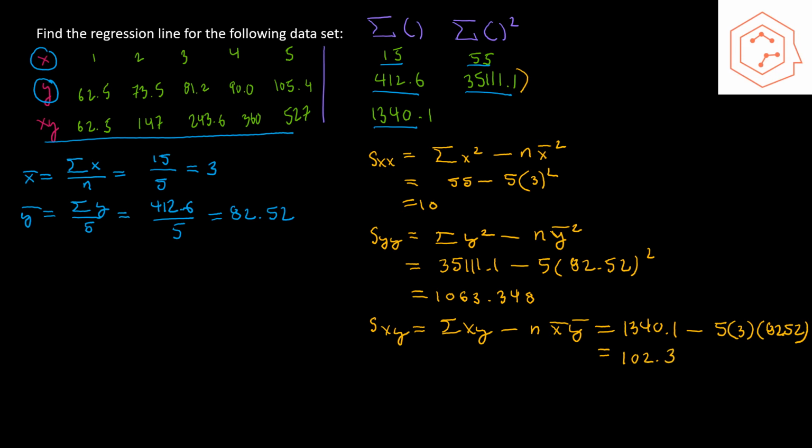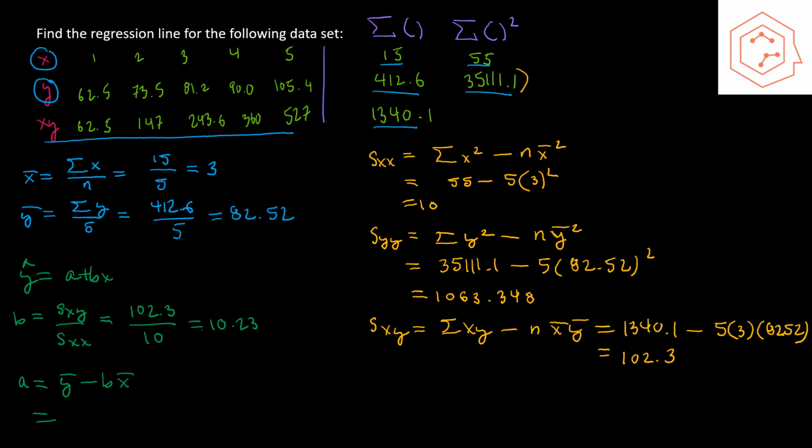So now our equation for the line of best fit is in the form a plus bx, where b is equal to Sxy divided by Sxx, so 102.3 divided by 10, which is equal to 10.23. So our slope is 10.23, and if you had units, you could feel free to include them. And then for a, that's equal to the mean of y minus whatever we got for b, so 10.23, times the mean of x.